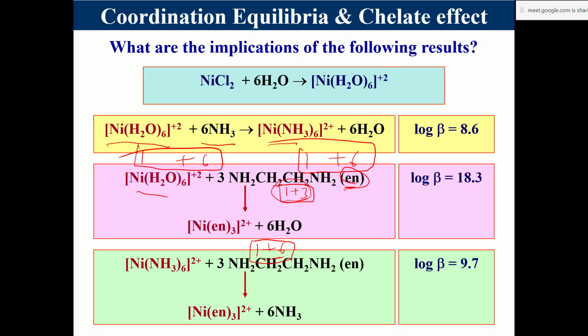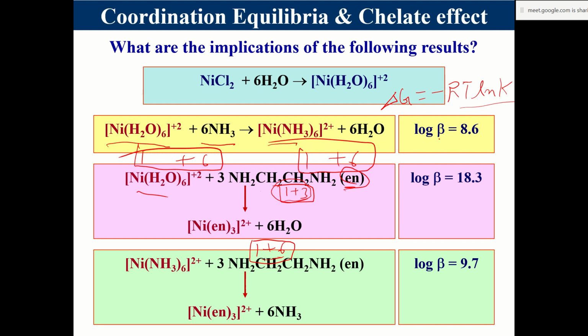And when you calculate the delta G, delta G is equal to minus RT ln K. Right, this is what you already know. So K is here, this is the formation constant.